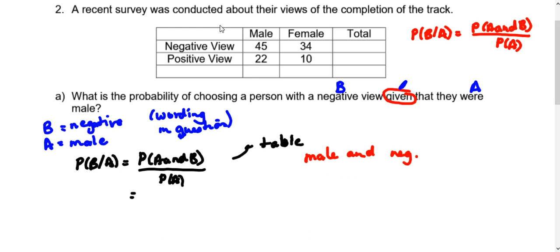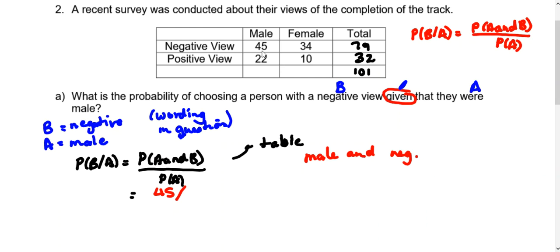If I'm looking at male and negative, that is 45. There's 45 people, but we need a total, so we need to divide that out. Let's add up some of these options here: 45 plus 34 is 79, 22 plus 10 is 32, so if I add that up, that's out of 101.